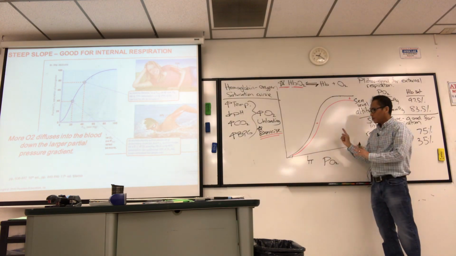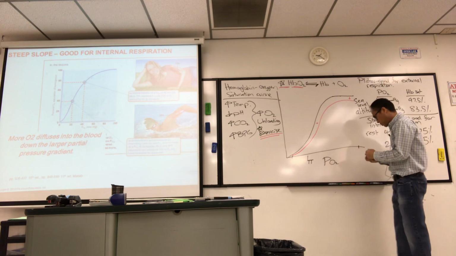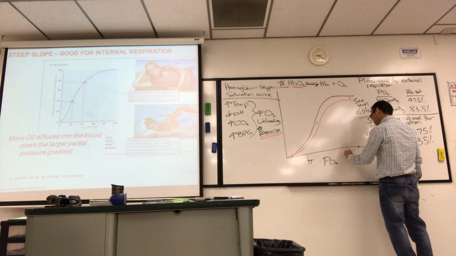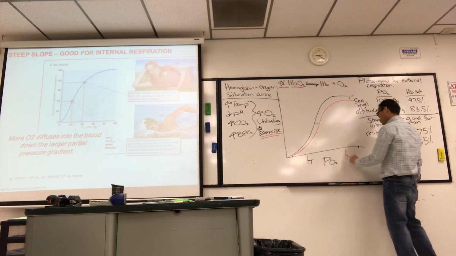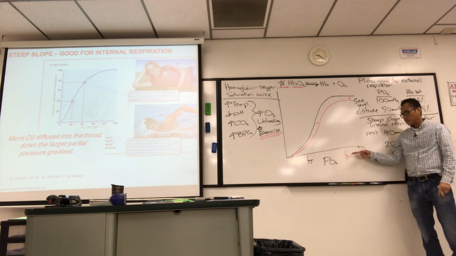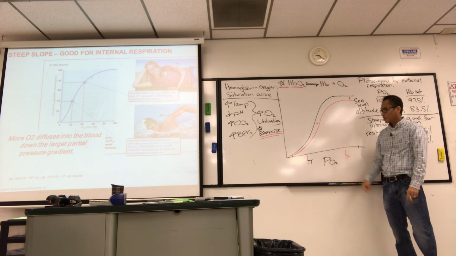That means you're better at unloading O2. So it's like if you took the chair and shifted the whole curve down and to the right, the chair is more slanted. It's easy for you to slide off the chair because it's slanted like that. You can still load, it's just easier to slide off. That's kind of like what you're doing with this red curve here.